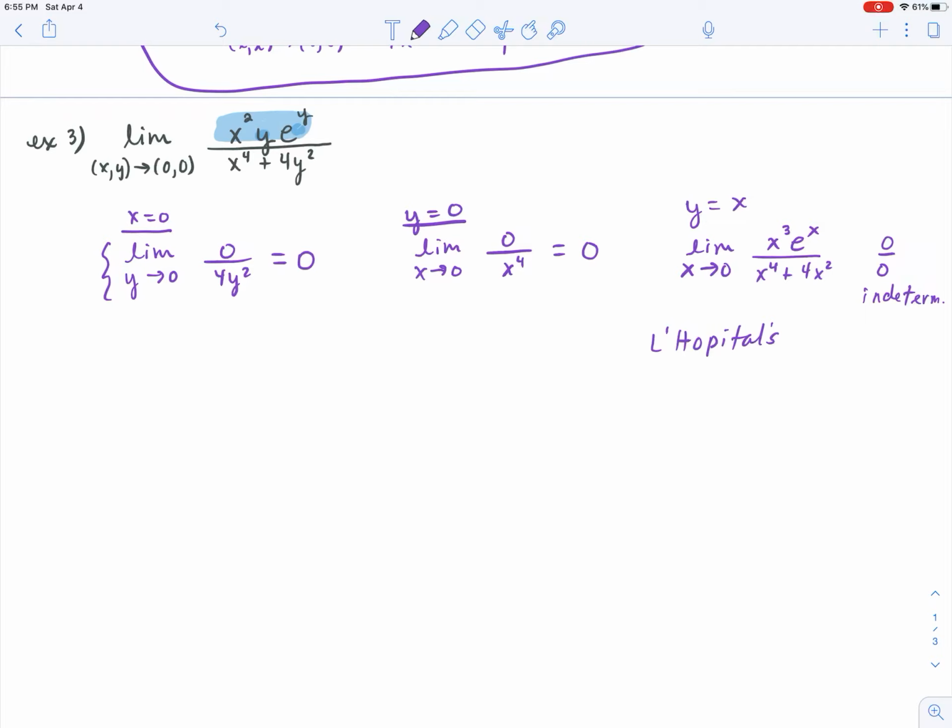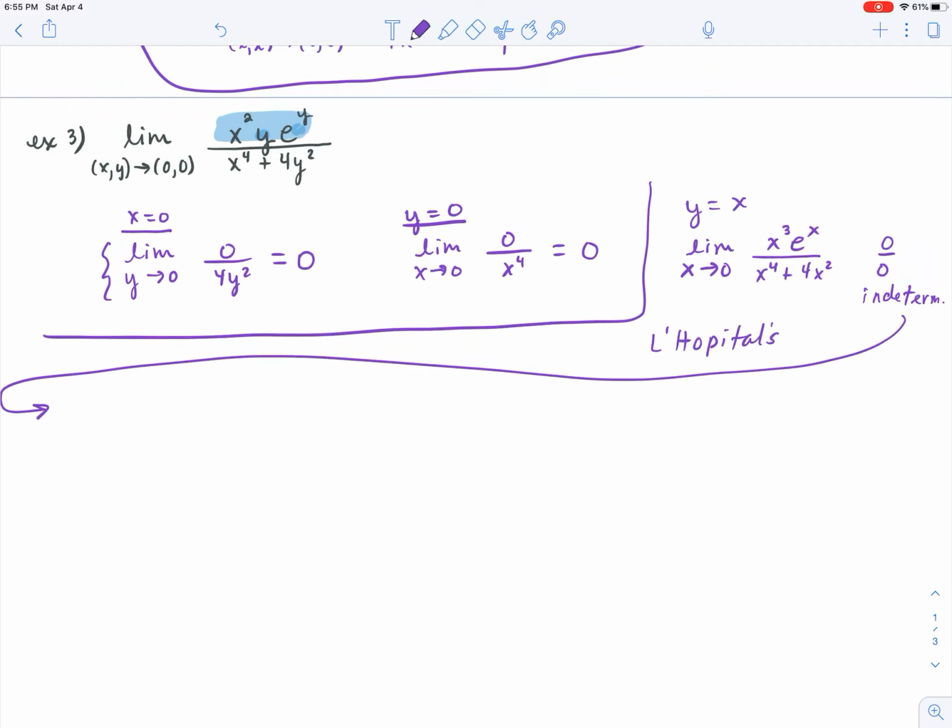And then that's going to require us to use a product rule. So let's see. I'm going to go over here and do the limit as x approaches 0. So for product rule, we're taking the derivative of this numerator here.